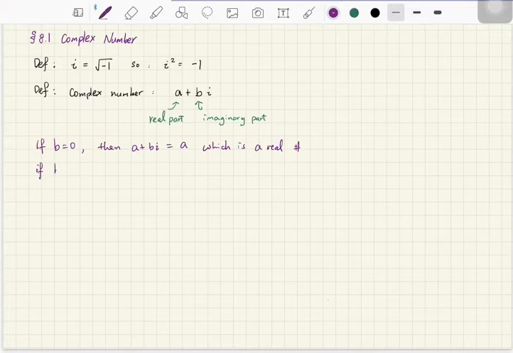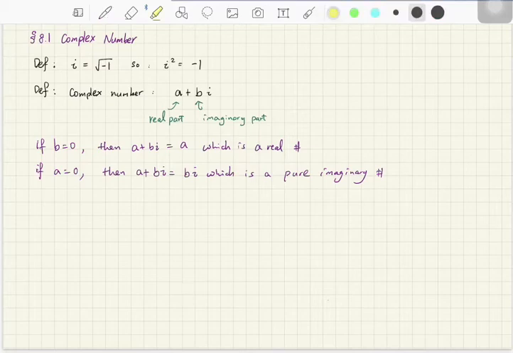But when a equals 0, then a plus bi becomes bi, which is called a pure imaginary number. And the a plus bi form is called the standard form for a complex number.